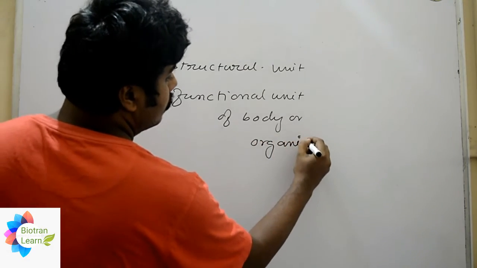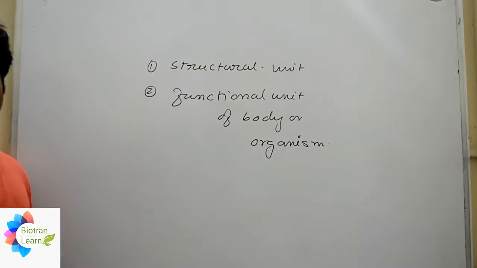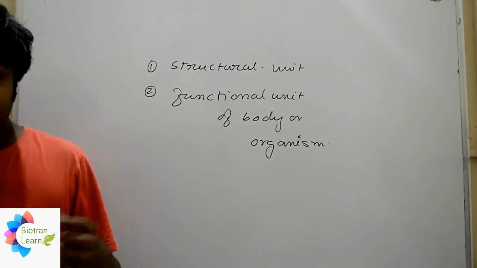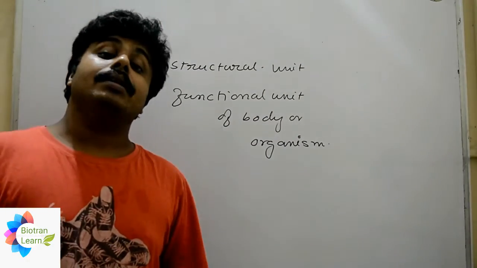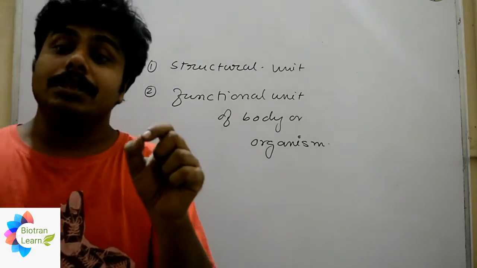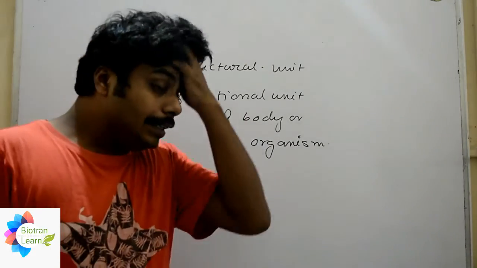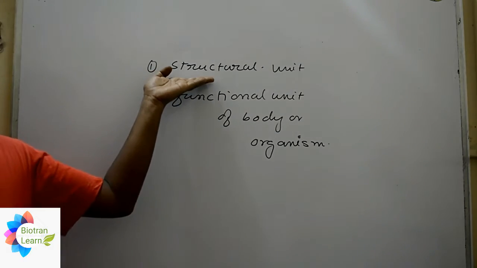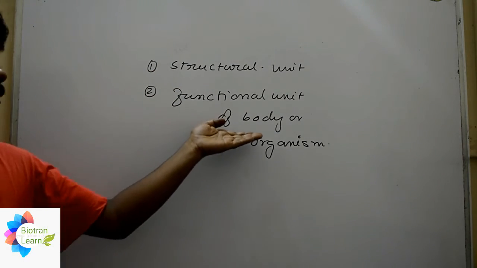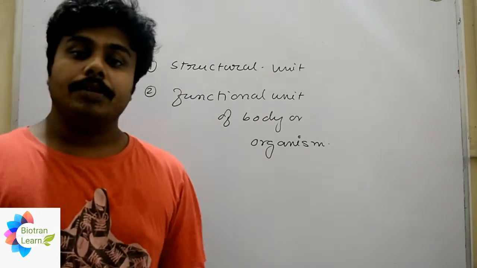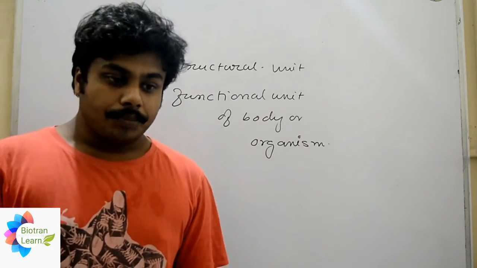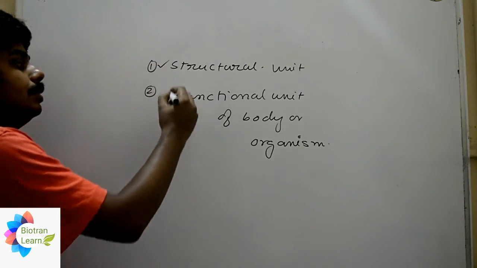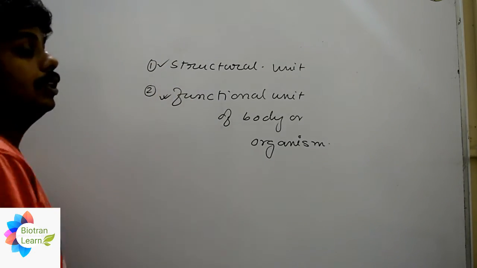In case of a body or organism, this is the smallest unit, just as in case of matter, the smallest unit is an atom. In this particular case, it is the structural unit and functional unit of an organism. So how does it signify that it's a structural unit or a functional unit?